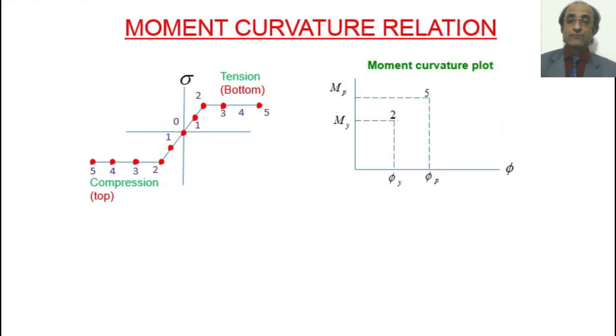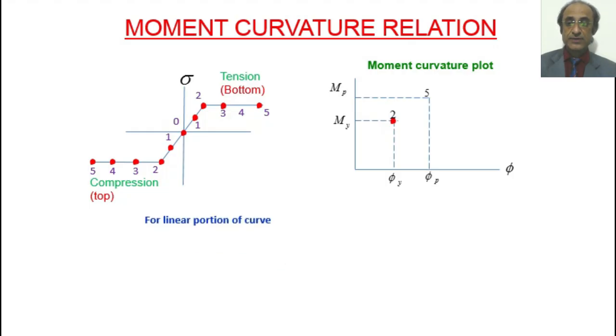So now if we want to derive a moment curvature relationship, we can do that. So we consider, let's say, point number 2, which is the limit when the top and the bottom extreme fibers reach the yield strain and the yield stress.